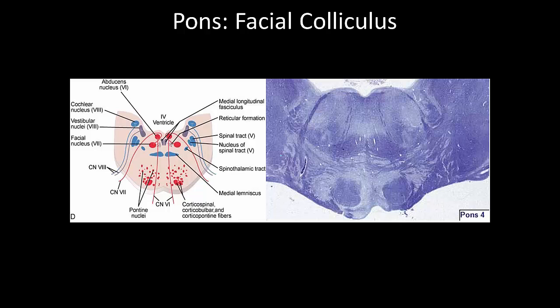Now, in the tegmentum, we have facial nuclei, and posterior and medial to those lie the abducent nuclei. Now, fibers leaving the facial nucleus take a unique course by traveling posterior medial, and they're going to wrap around the abducent nucleus, and then travel anterior lateral before they exit the pons.